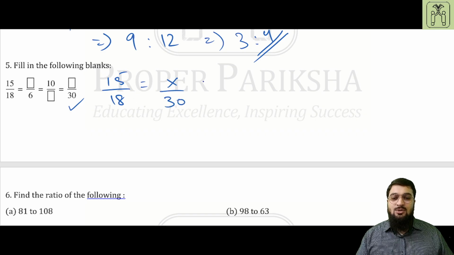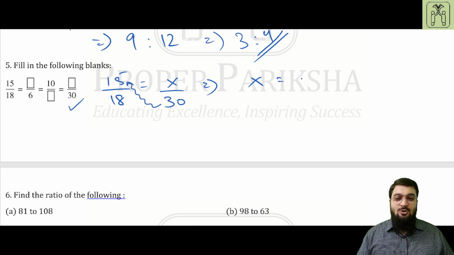So how will we do that? We will just make a this implies, and we will take x as the numerator. We will not disturb it, and then we will take 30 at the left side on the numerator. So that will become 15 into 30 upon 18, and that will give us the answer as 3 6 times and 3 10 times.